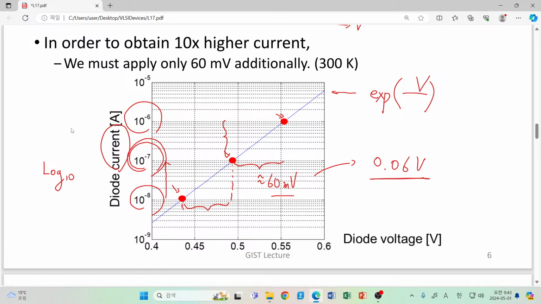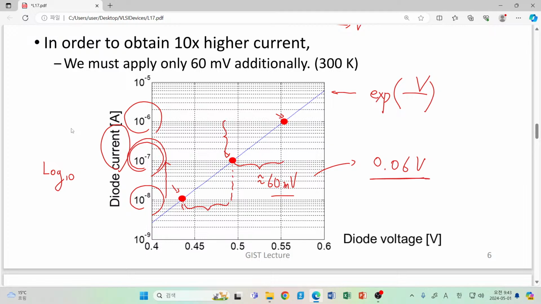Do you feel this is a large number or small number? When you consider just 1 volt, 2 volt, or larger numbers, then that can be regarded as quite a small difference. So simply speaking, with a small additional voltage into your diode, you can conduct quite a larger current.